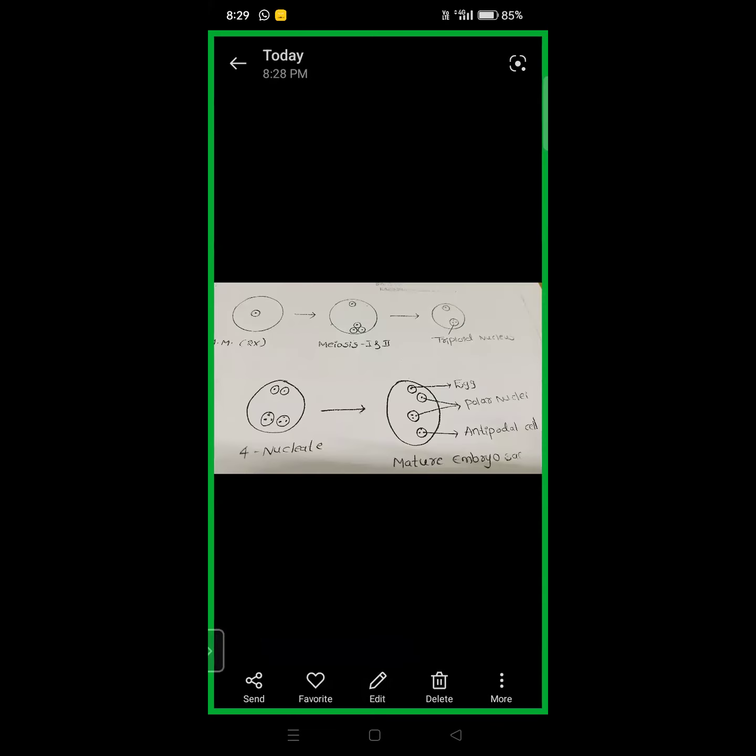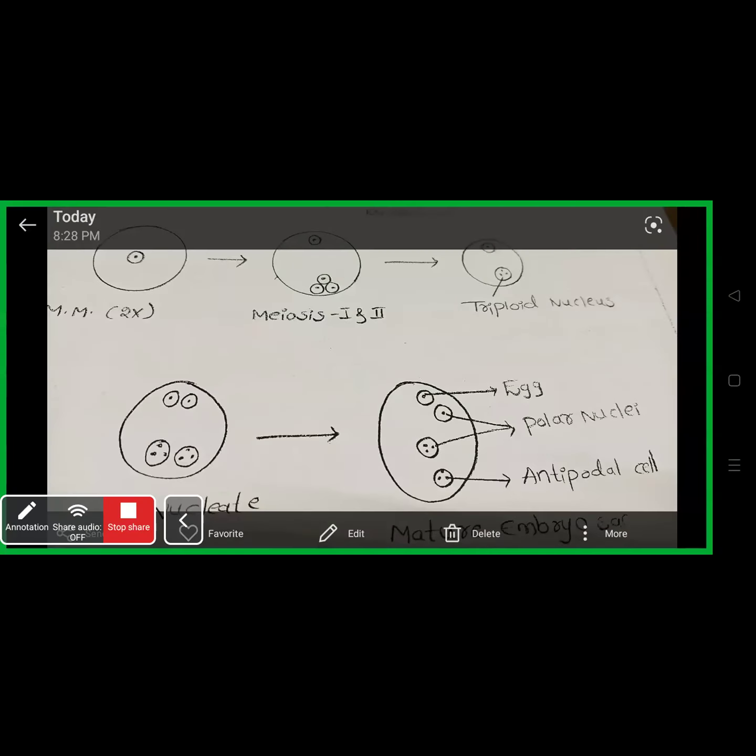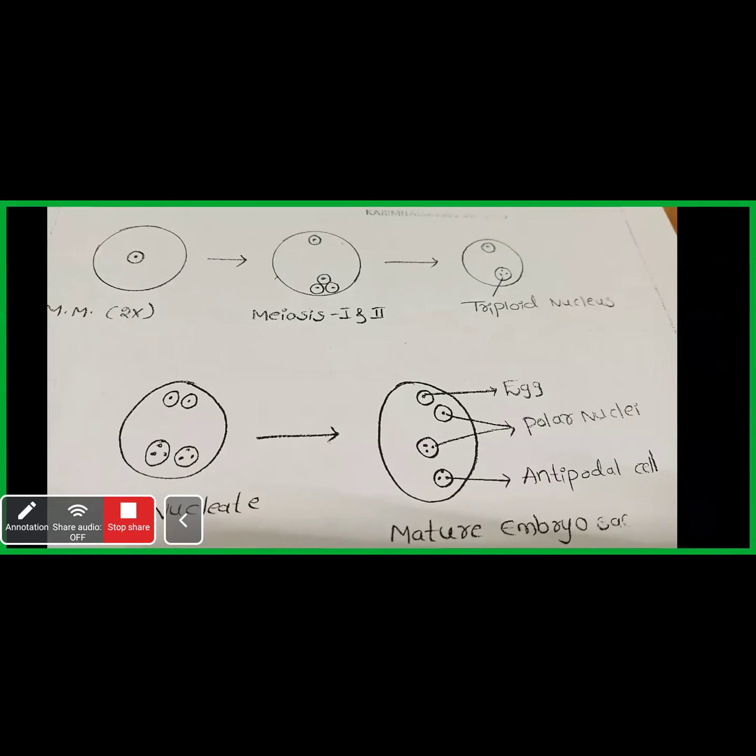See here, this is the Plumbagella type. The initial development of this type of embryo sac is the same as the Fritillaria type. But after meiosis, the megaspore nuclei form a triploid nucleus at the chalazal end and a haploid nucleus at the micropylar end. 1+3 arrangement.